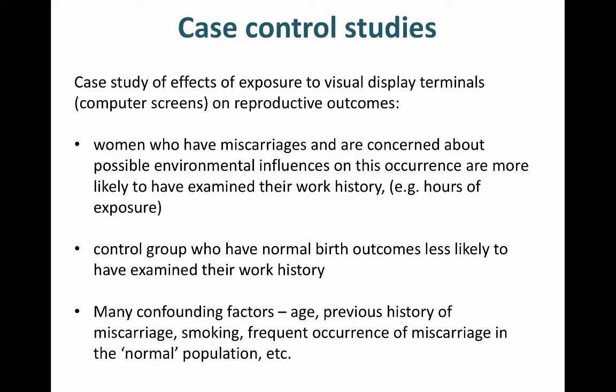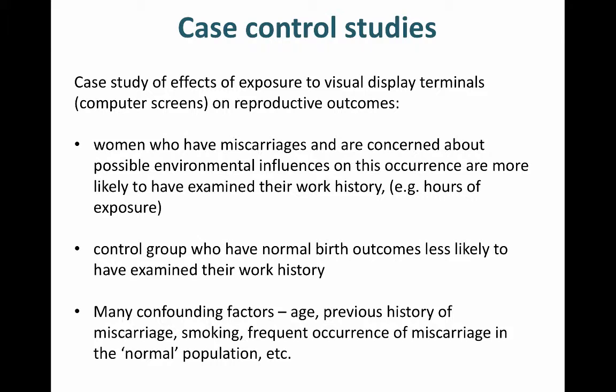Say, for example, a study of the effects of exposure to visual display terminals, computer screens, on reproductive outcomes. Women who have miscarriages and are concerned about possible environmental influences on this occurrence are more likely to have examined their work history, i.e. their hours of exposure, compared to a control group who have normal birth outcomes.